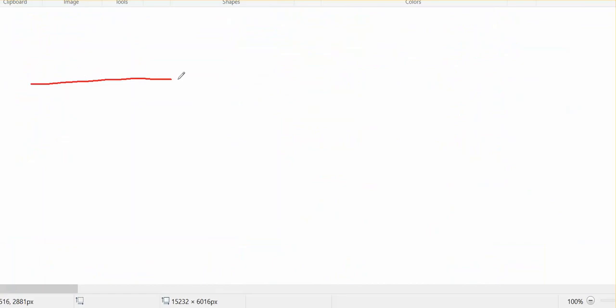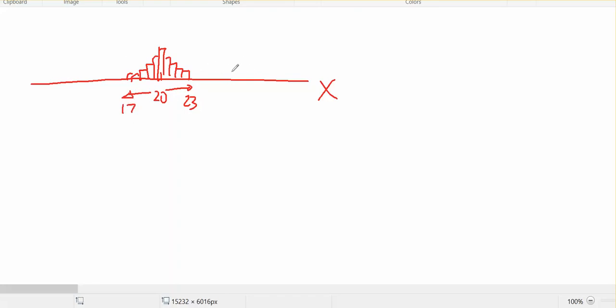If I have x, and x is concentrated around 20, and it has a sort of normal distribution where the spread goes out to around 23 and down to around 17, and there's very little distribution above 23 and very little below 17.